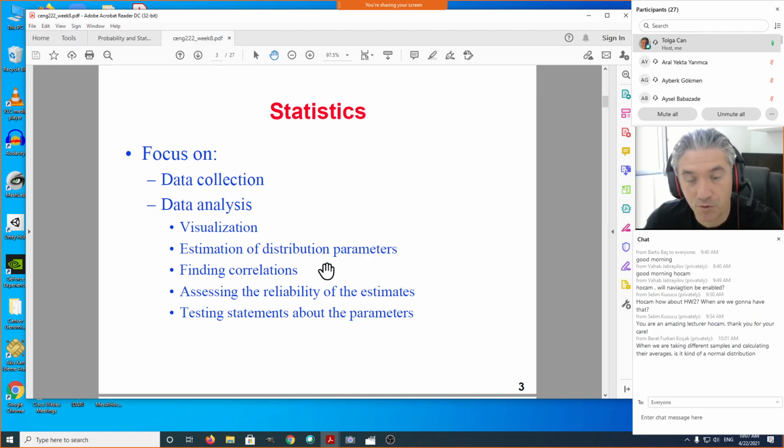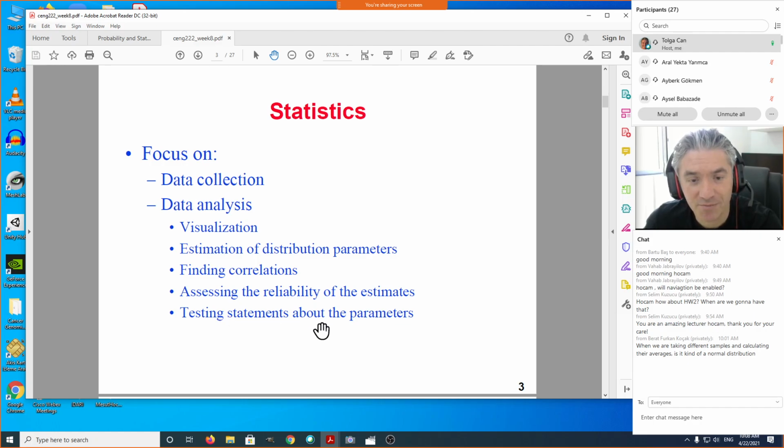For example, future predictions for certain stock market changes. And also by using standard errors and computing that some of our parameters are normally distributed, we'll be able to assess the reliability of our estimates. We will be able to assign confidence levels to them. And we will also be testing statements. These last two bullets are all chapter 9.